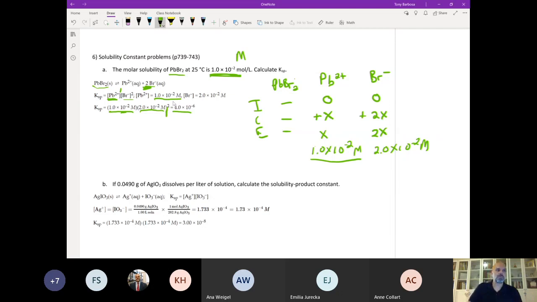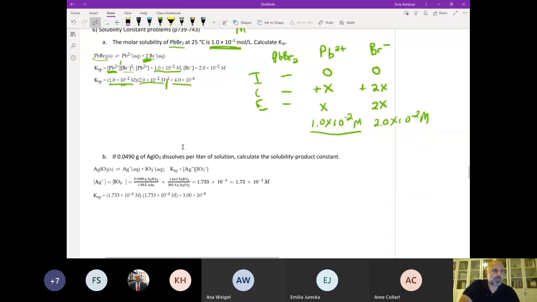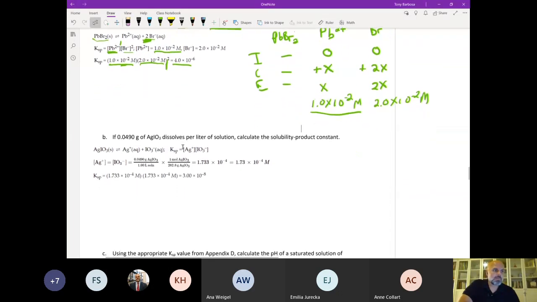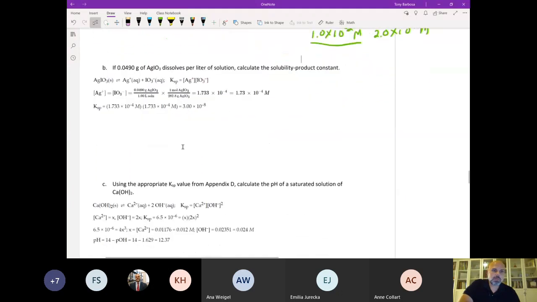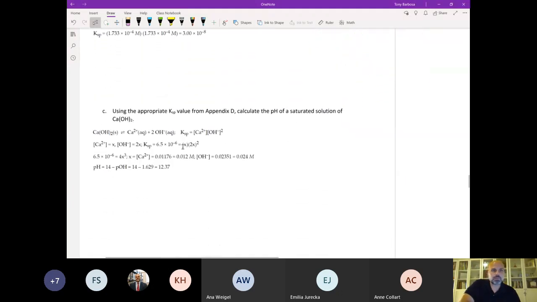Cameron wants to go over problem 13 on chapter 16. Do you have more related to this first? So 6C. Okay, so 6C.